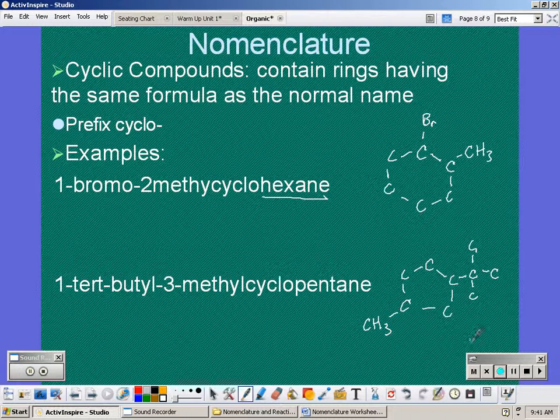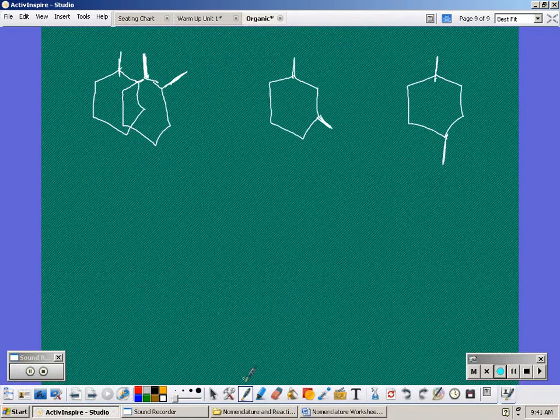Now there is a shortcut way of showing where the carbons are located. Let me erase this duplicate here.